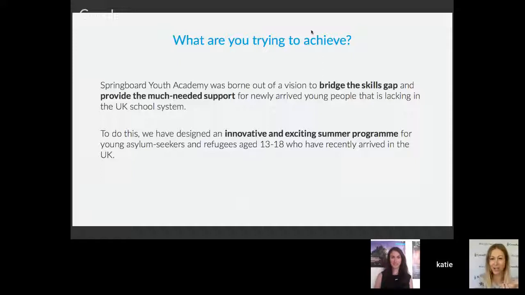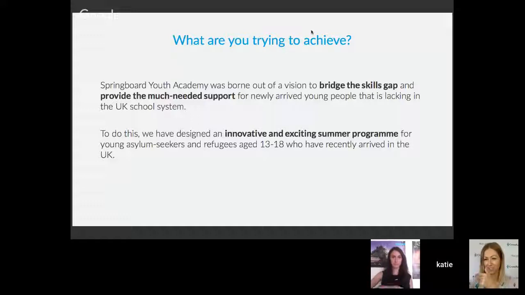And I've just pulled out in bold, and this is across the next couple of slides, the bits that really jump out in terms of what are you trying to achieve? Because there are 2 ways of looking at this question. There's what are you physically trying to achieve? So are we trying to buy a boat, or are we trying to refurbish a building? But what is that actually going to achieve?